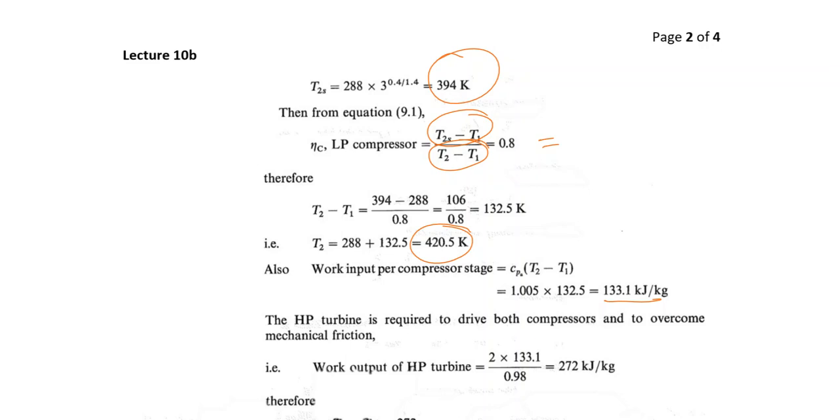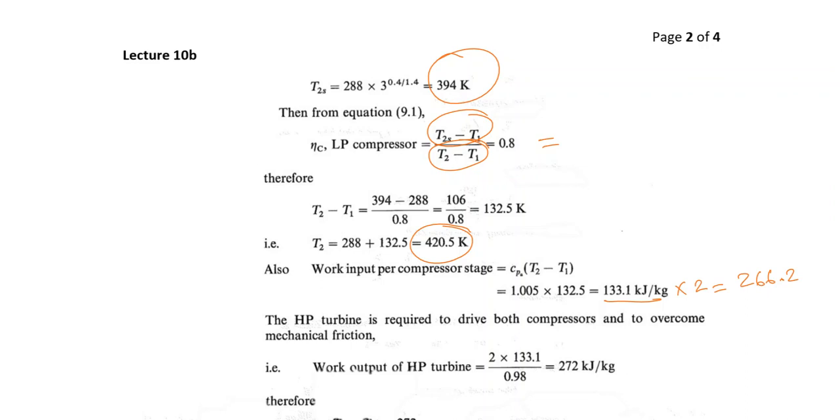Now for both of the stages, with the same pressure ratio and complete intercooling, that would be 2 multiplied by 133.1, which comes up as 266.2 kilojoule per kg for both of the compressors.